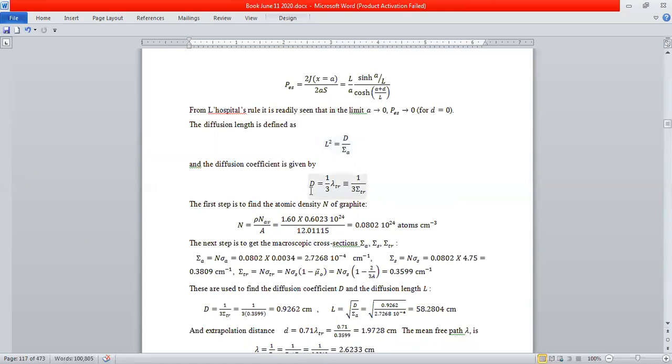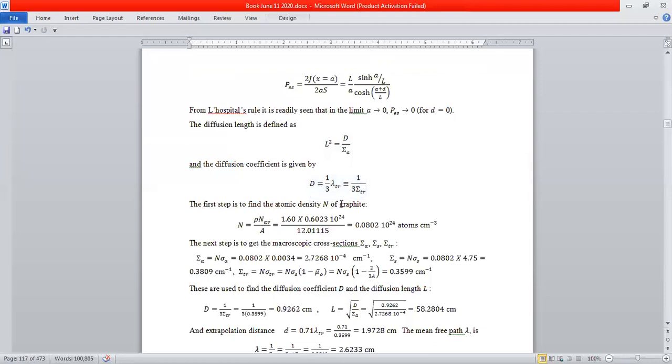So the diffusion coefficient is 1 over 3 sigma transport. Now what is transport? Transport is sigma T minus sigma S times mu naught bar. And if the absorption is weak, then you can write this as sigma S times 1 minus mu naught bar.